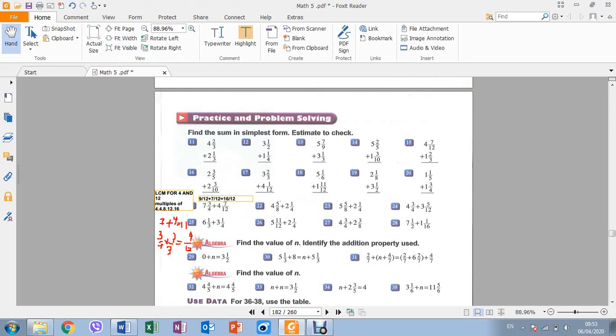But 16, look at the fraction. 16 is greater than 12. What do we need? We need to divide, because we don't want 16. Only we make one whole number.